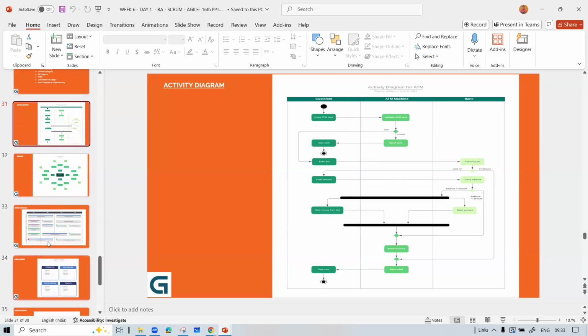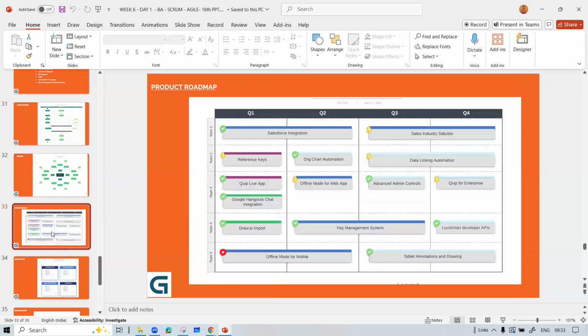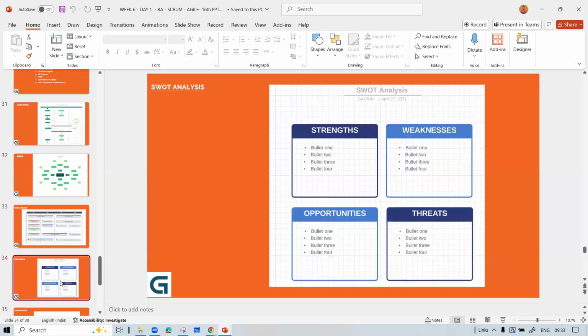Now, because you have understood the product roadmap, I'm moving to the SWOT analysis. Quite famous in the industry, people are using it. But when it comes to the business analyst, it becomes quite important for you to understand the existing system and do the SWOT analysis.